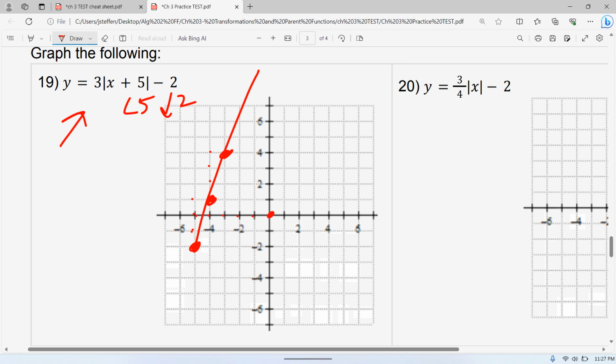We are stretching it by a factor of 3. The reason this messed up, let me do this real quick. So everything's fine. The order matters. We have to stretch first before we go down 2.